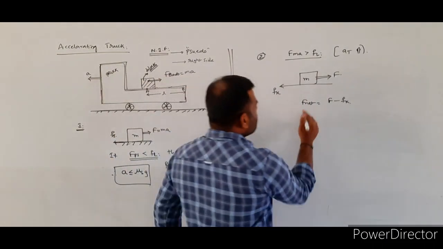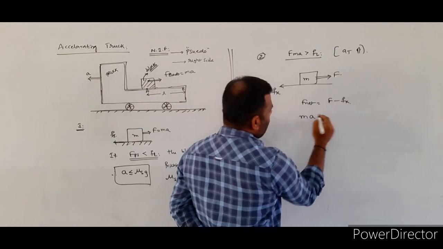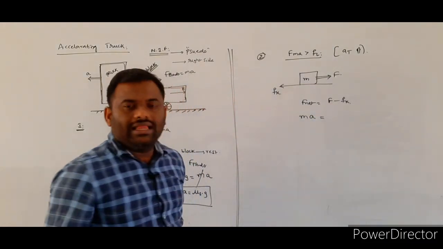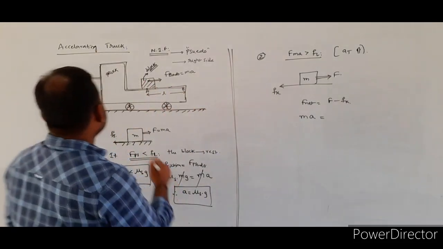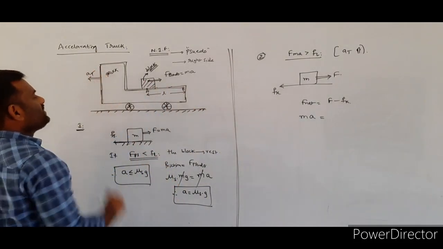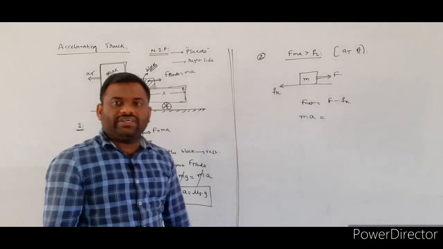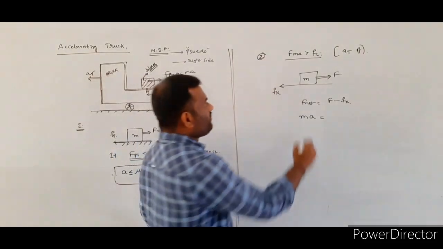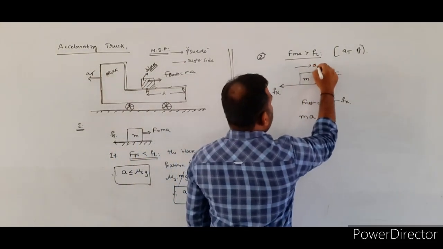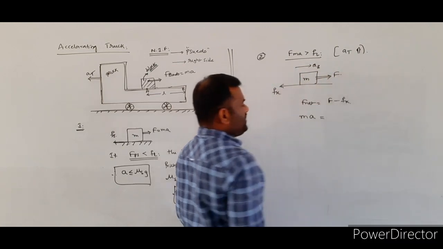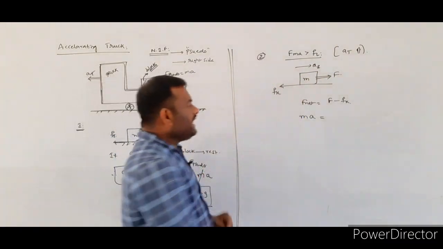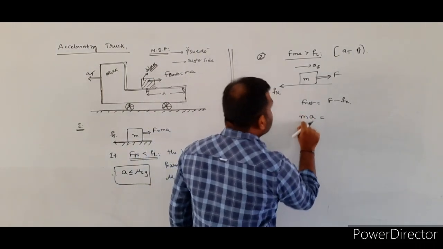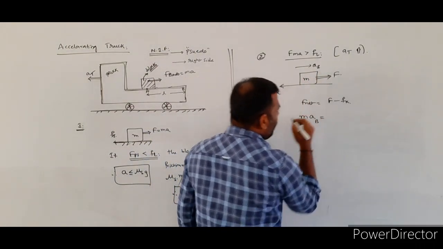Net force is equal to m into a, where a means two types of accelerations: the acceleration of the truck, taken with suffix t, and the acceleration of the block. The acceleration of the block will be in this direction, and the acceleration of the truck will be towards the left side. So F net is equal to mass into acceleration of the block.